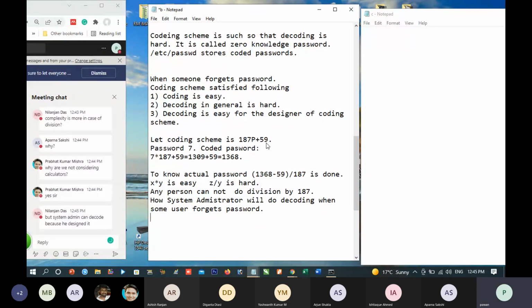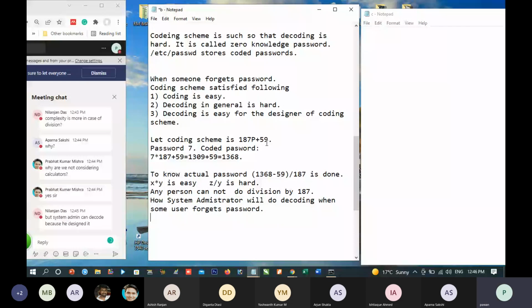How will the system administrator decode it? Tell me. The system administrator will not divide by 187.